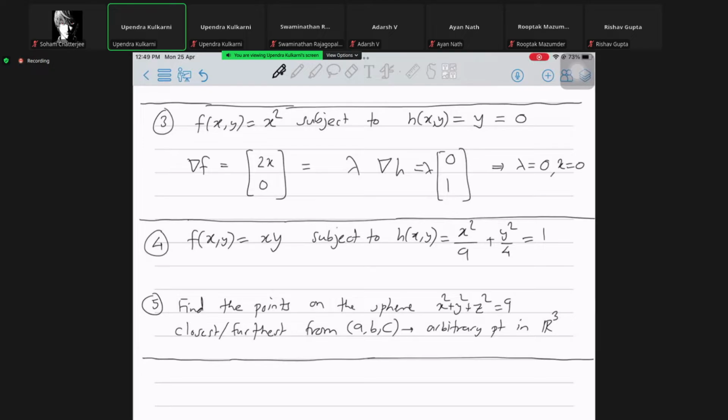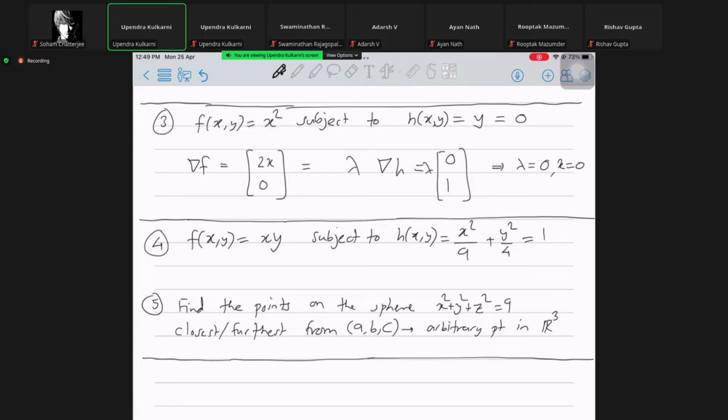And of course, there is going to be one case where this is not going to work: if the point itself is the origin. And if the point itself is the origin, what is going to happen? All the points are equally spaced from (a, b, c), exactly. And so Lagrange multiplier should actually perhaps tell us this, or fail.